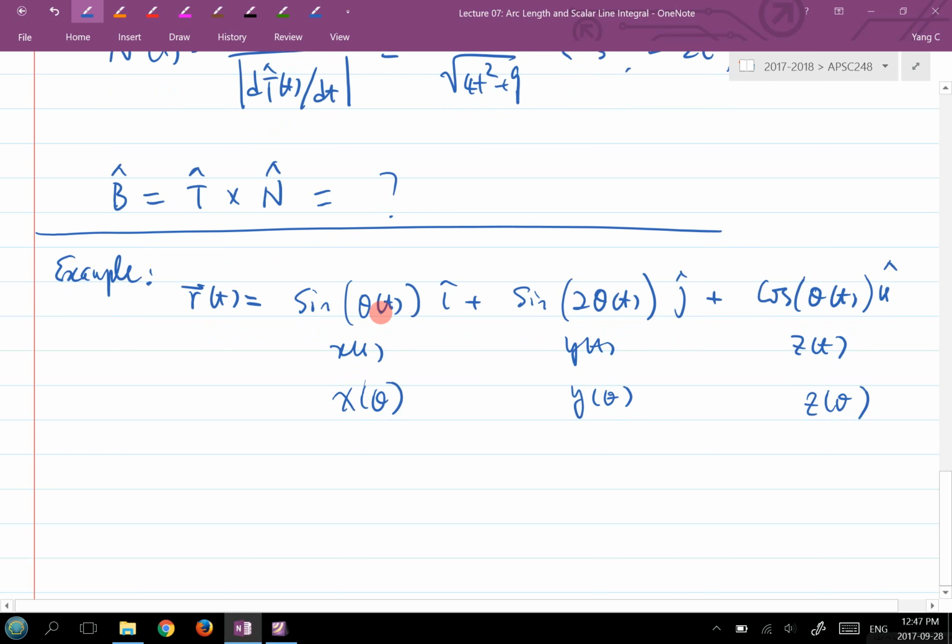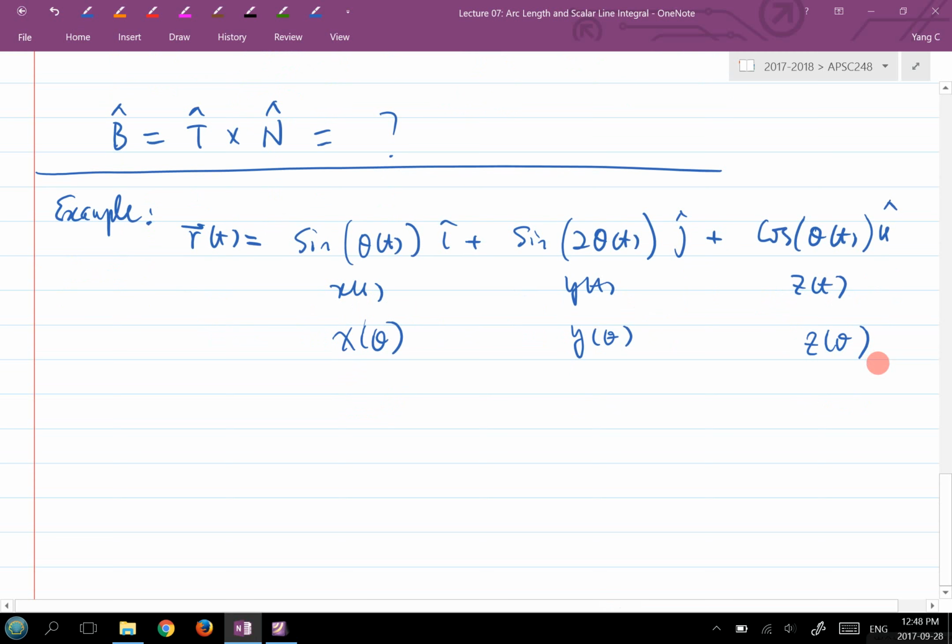So that's an implicit type of function, embedded. Now the question here is, can you calculate the velocity of the roller coaster?